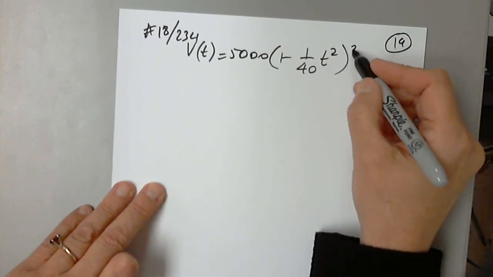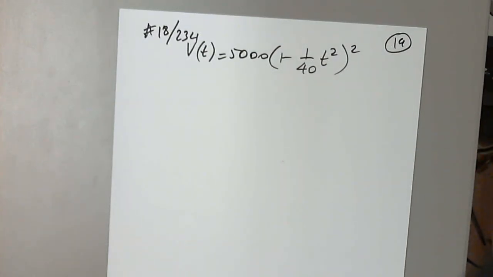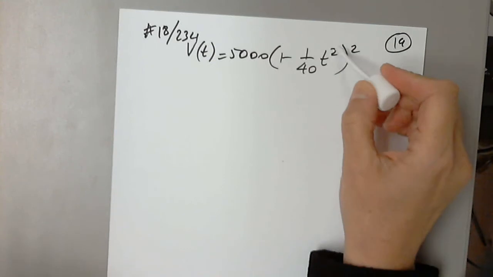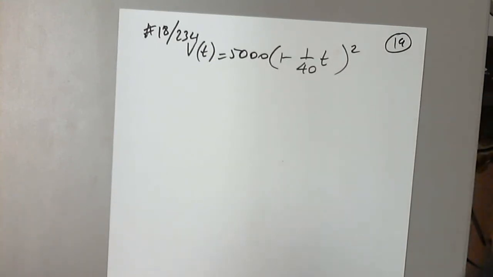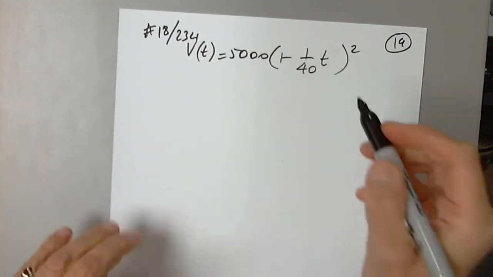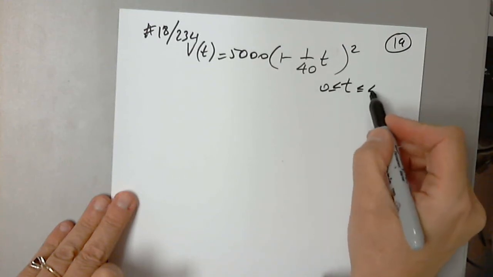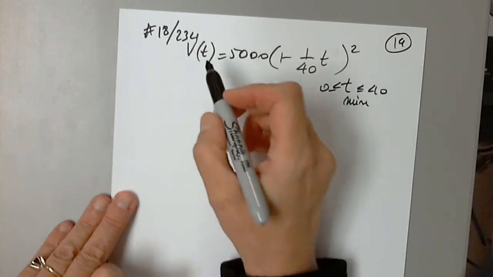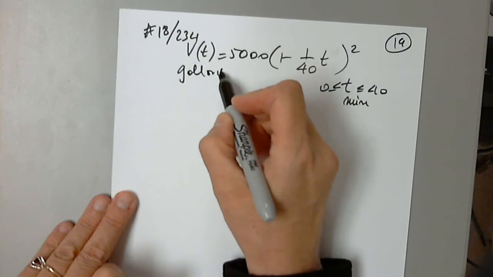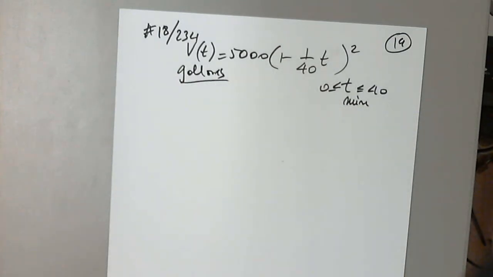No, the squared is outside, sorry. Okay, and we are told the time is between 0 and 40 minutes. And the volume is in gallons.